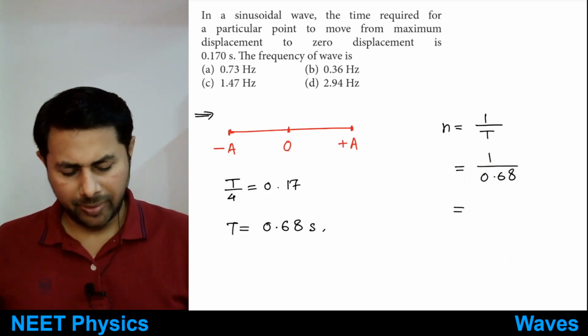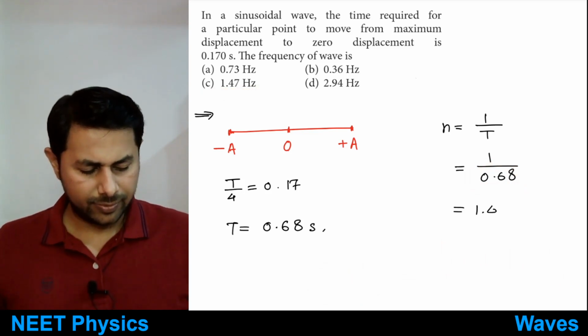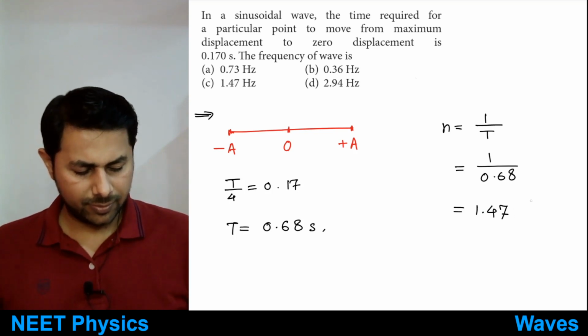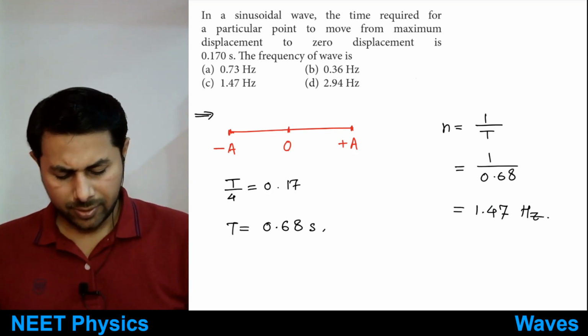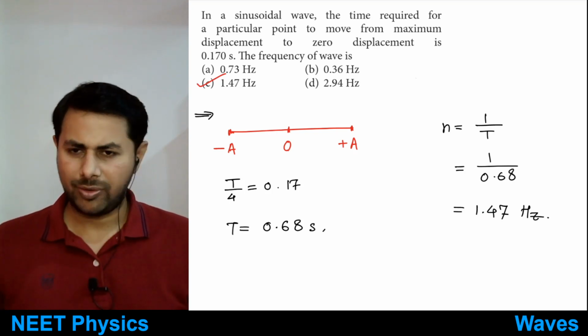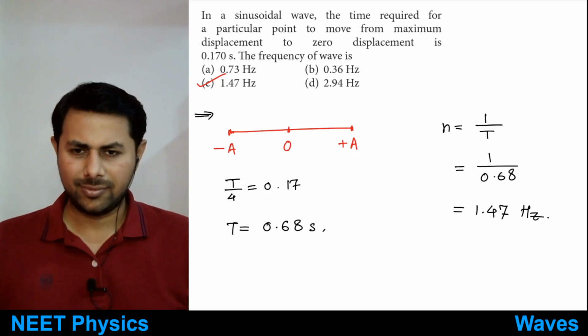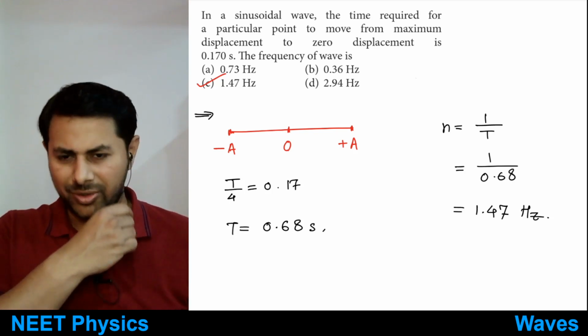So nearly 1.5 means this is the answer, 1.47. Okay, so it is option C. This one was simplest, right? It's simple or not simple?